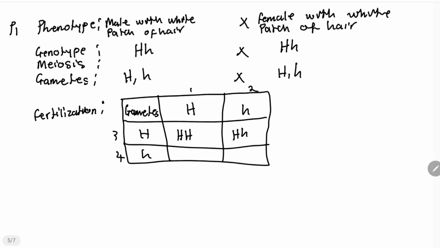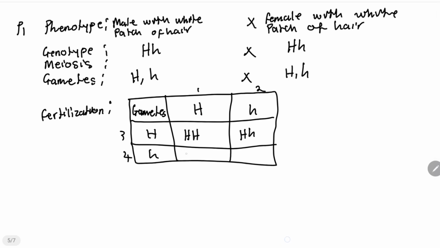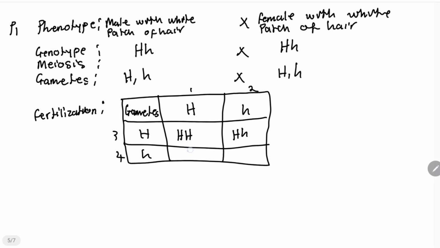It is important to note that when writing a genotype, it is an absolute must that you start with the dominant allele. Hence, we started with capital letter H, small letter h. When box number 1 combines with box number 4, it is going to give me capital letter H, small letter h. Finally, when box number 2 combines with box number 4, it is going to give me small letter h, small letter h.